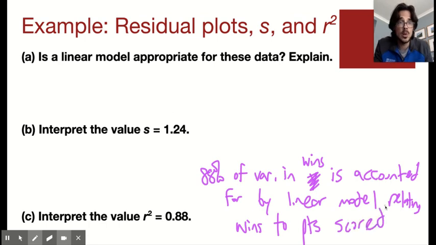So there's a lot going on in this section, but hopefully you feel fairly comfortable about S and R squared, both really important concepts. So rewatch this video if you are still iffy on those different things, or come see me in class.